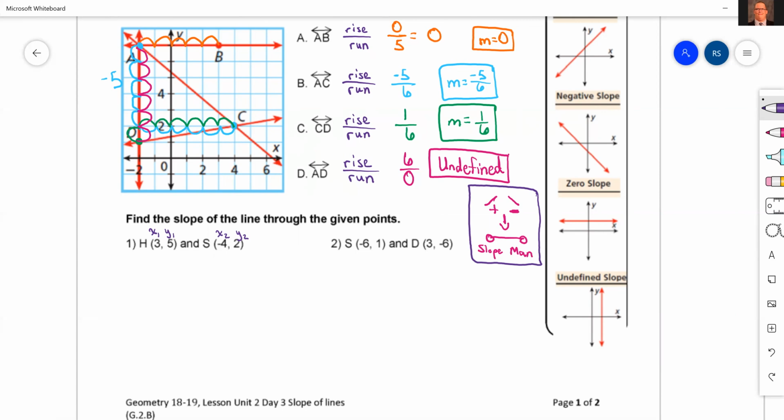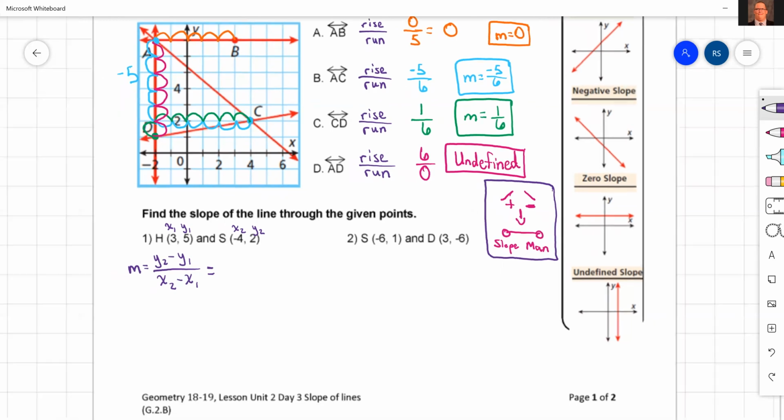Okay, find the slope. So let's just write our formula down so we have it for easy reference. Okay, Y2, what's Y2? It's 2 minus Y1 is 5 over X2, negative 4 minus X1 is 3.